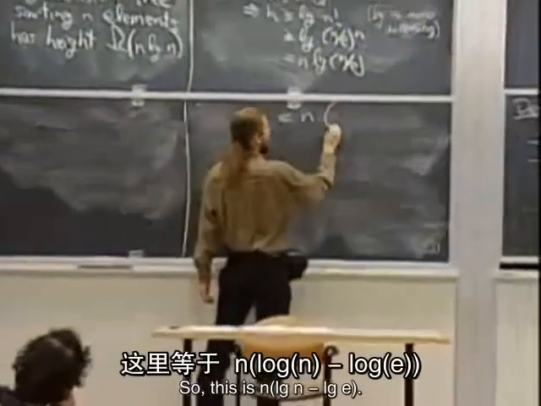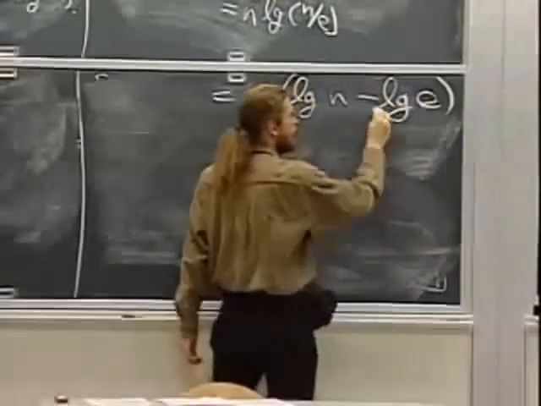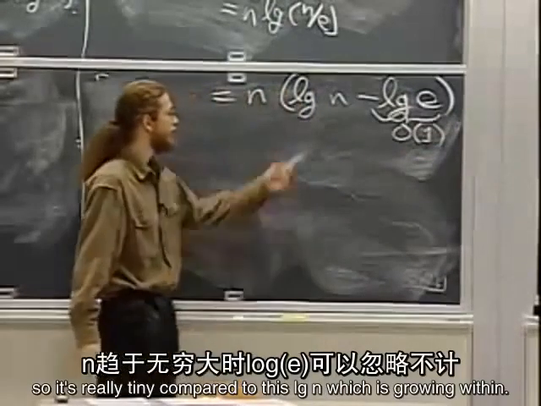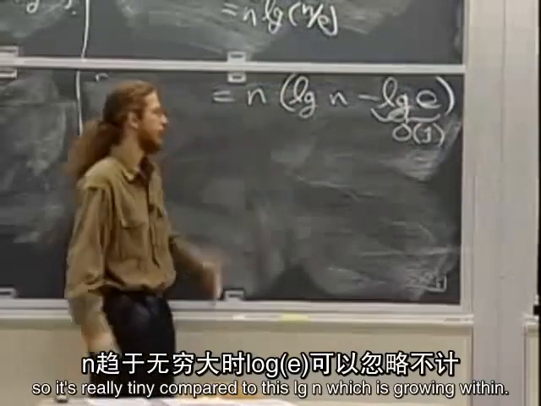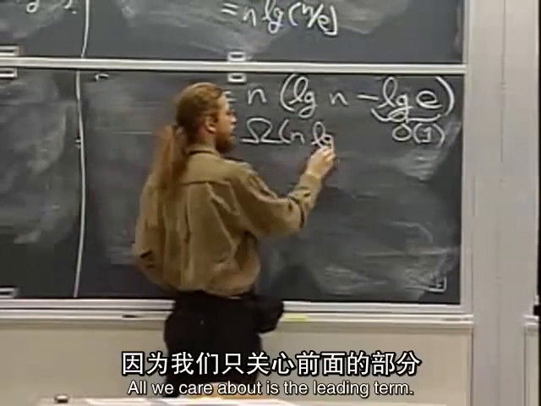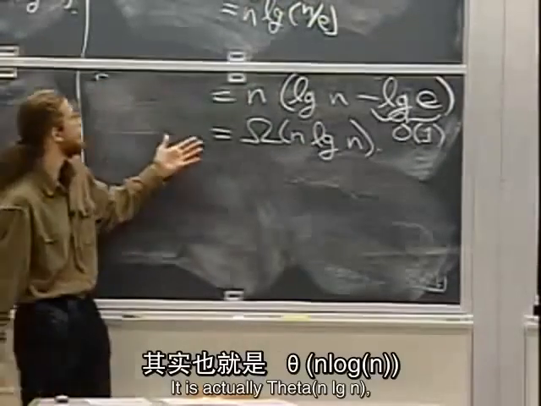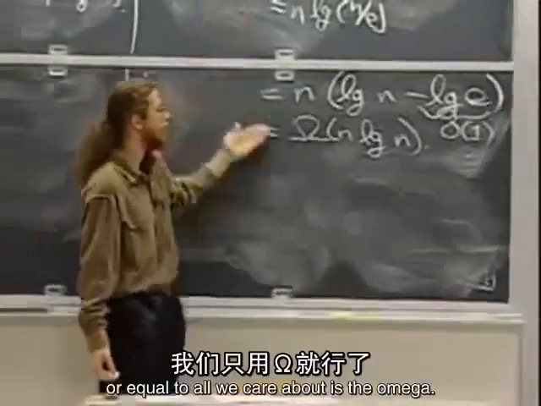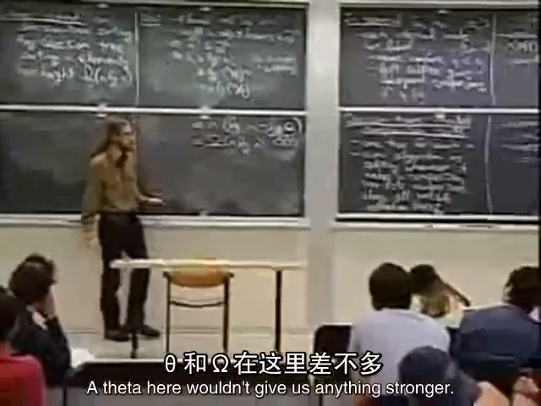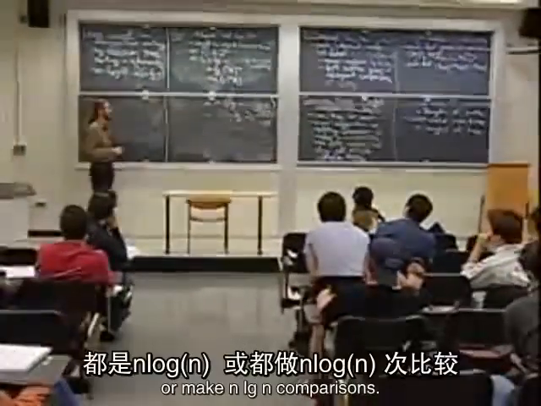So this is n log n minus log e. Log e is a constant, so it's really tiny compared to this log n, which is growing with n. So this is omega n log n. All we care about is the leading term. It's actually theta n log n, but because we have a greater than or equal to, all we care about is the omega. A theta here wouldn't give us anything stronger. Of course, not all algorithms have n log n running time or make n log n comparisons.